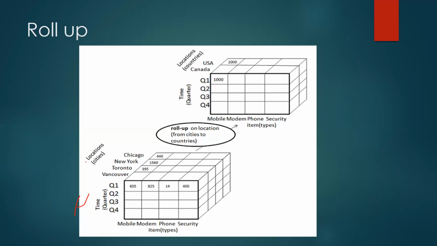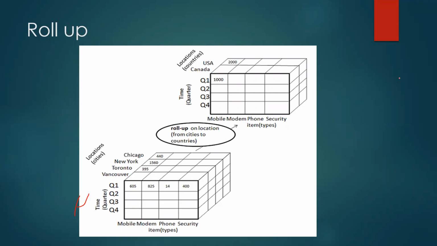So for a particular region, all the information you will roll up to that level. Basically, when you add certain columns together and create a new column, you are rolling up, going one step above.